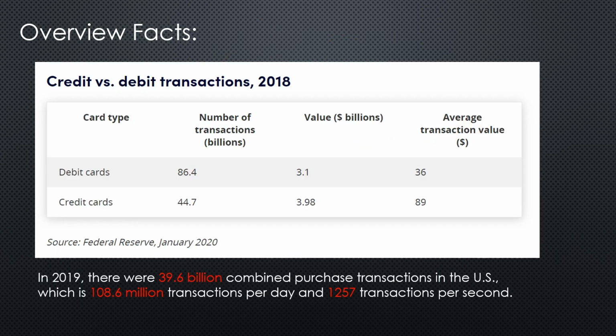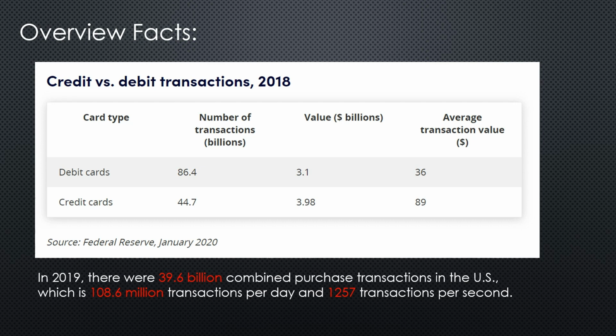There is also some data on how many transactions happened in 2018. For debit cards, there were 86.4 billion transactions. For credit cards, it's 44.7 billion transactions. The total value for debit cards is $3.1 billion, and for credit cards it's almost $4 billion.